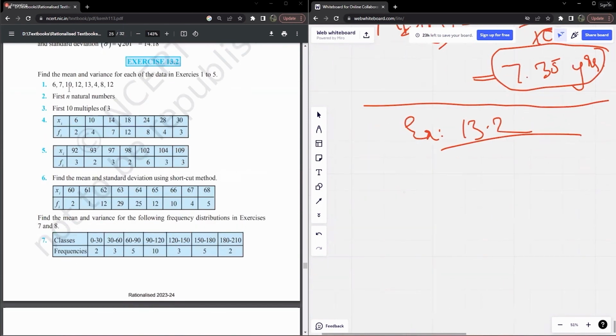Question number 1. Find the mean and variance for each of the data in exercises 1 to 5. Pretty simple, right? So we have 6, 7, 10, 12, 13, then 4, 8, and 12.